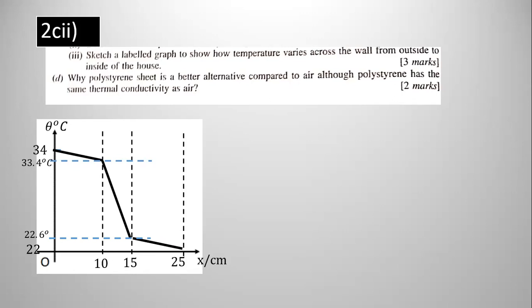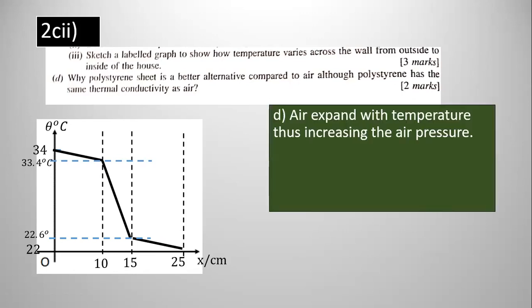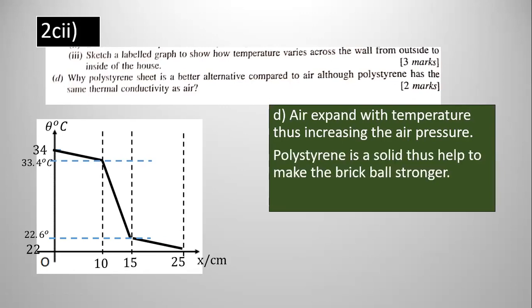Why is a polystyrene shade a better alternative compared to air, although polystyrene has the same thermal conductivity as air? Air expands with temperature, thus increasing the air pressure. Polystyrene is solid, thus helps to make the brick wall stronger.